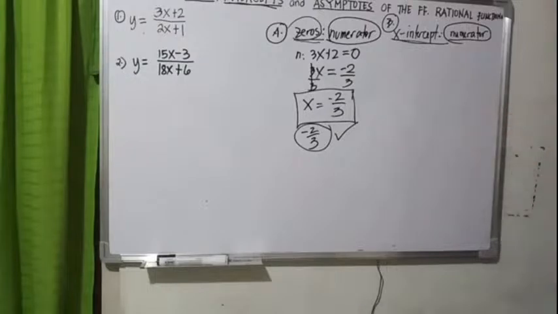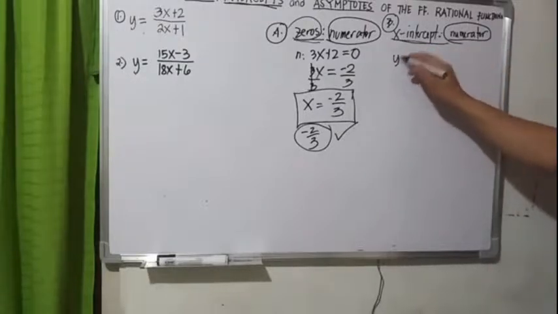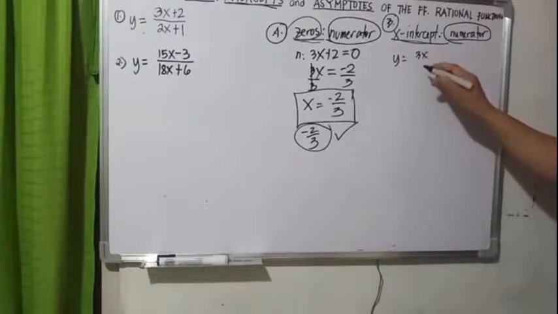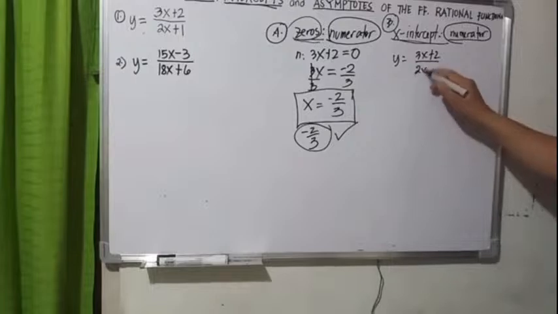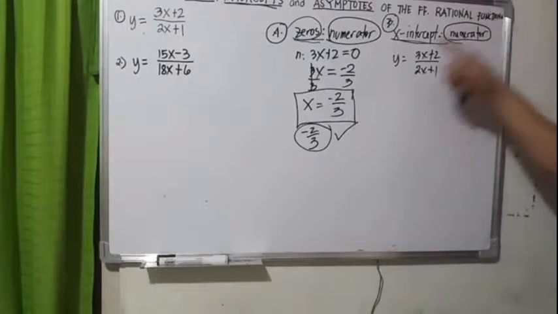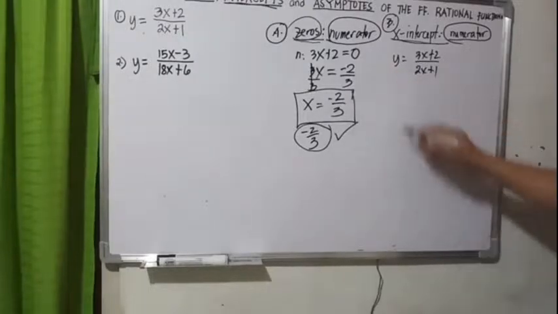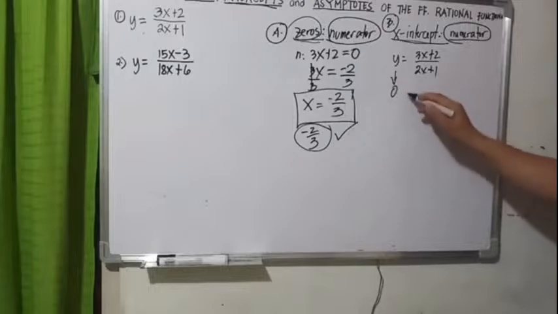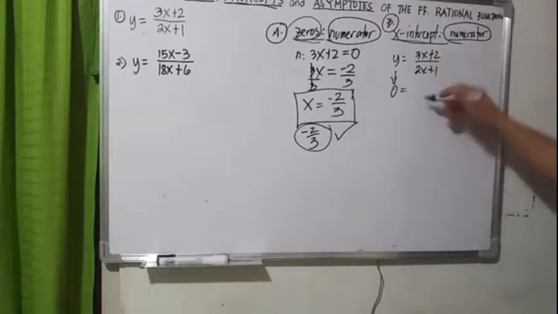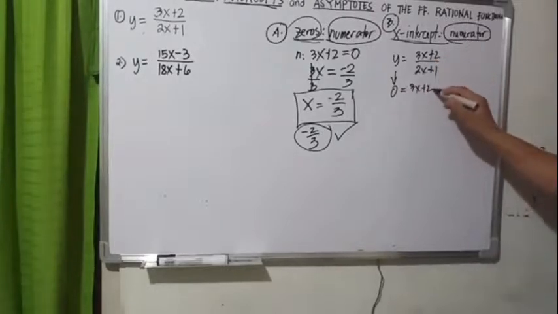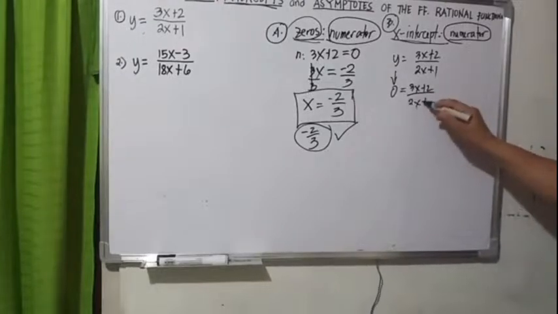Kung sundin natin yung rule ng x-intercept, that is y equals 3x plus 2 over 2x plus 1. Substitute 0 for y and solve for x. So magiging 0 ito equals 3x plus 2 over 2x plus 1.